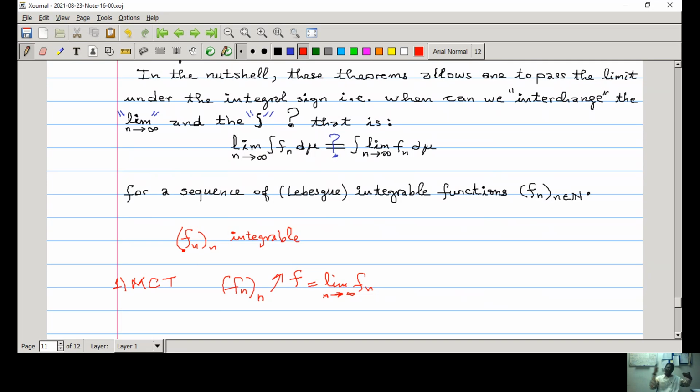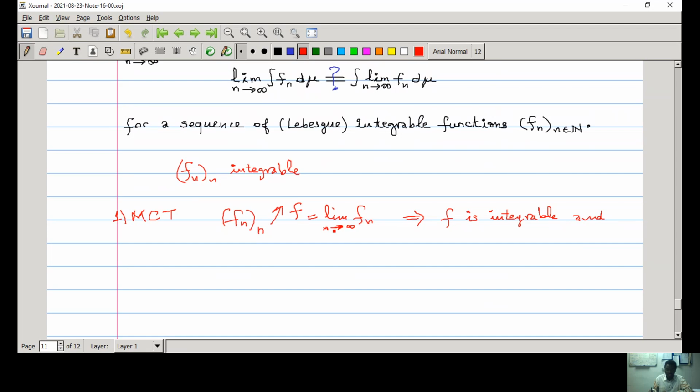And we can pass the limit under the integral sign. So the result of this monotone convergence theorem is that f, the limit, is integrable and it gives you the value of the integral.